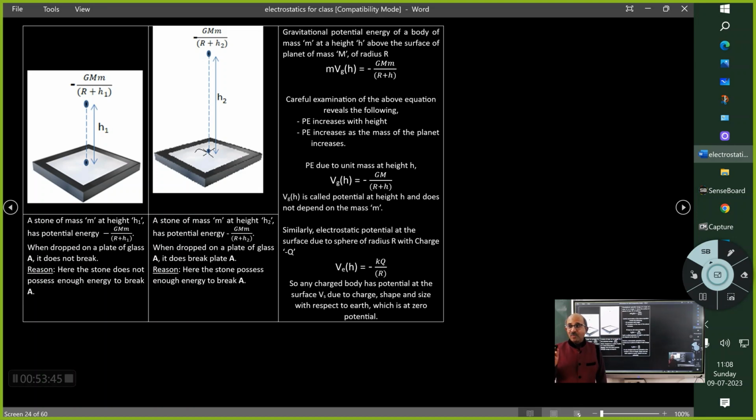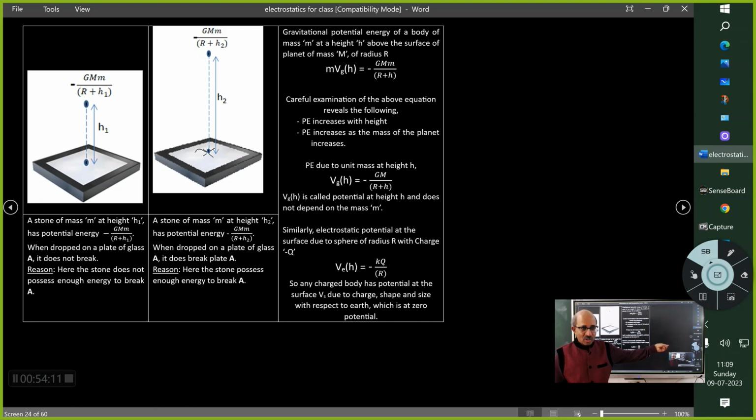See, students, the more negative the number, the less it is. The more positive the number, the more it is. Got it? So here, if h increases, the number GM by R plus h will decrease, but that value decreases with a minus sign.